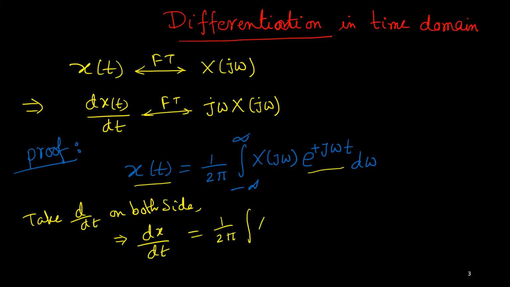This X of j omega will remain the same because it is independent of time. Now the derivative of this one is j omega times e to the power j omega t, and then d omega.